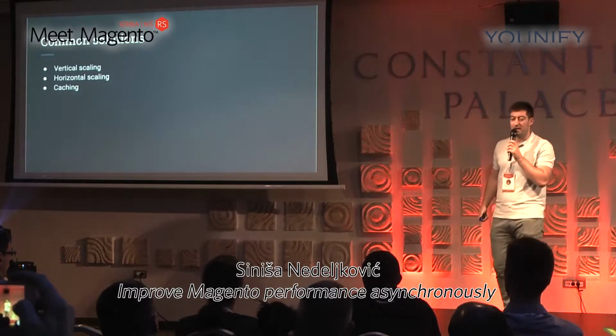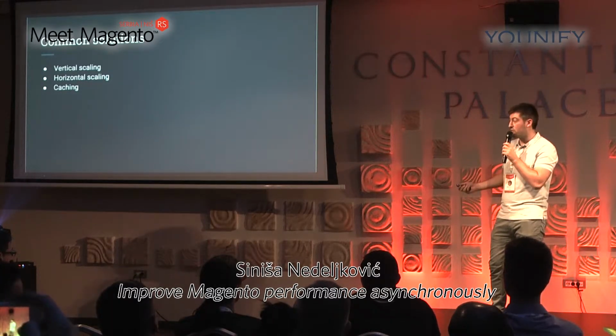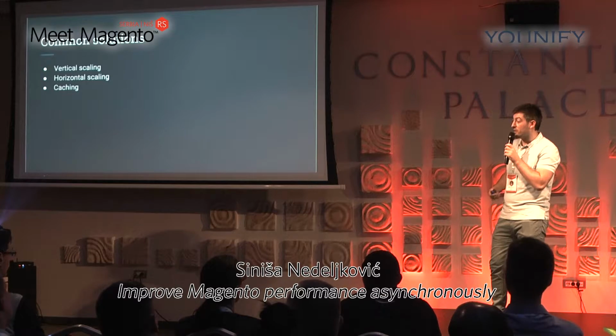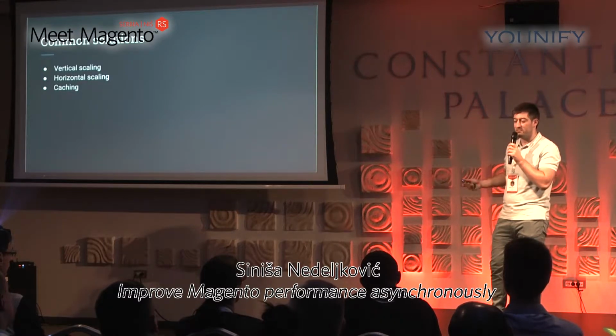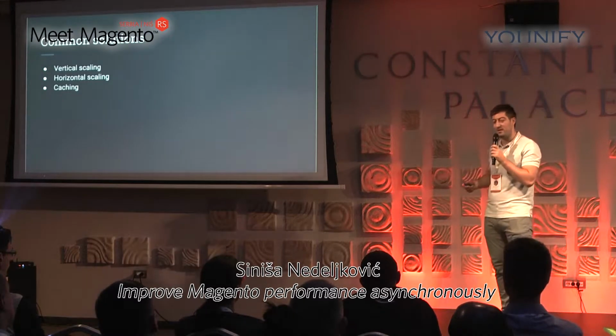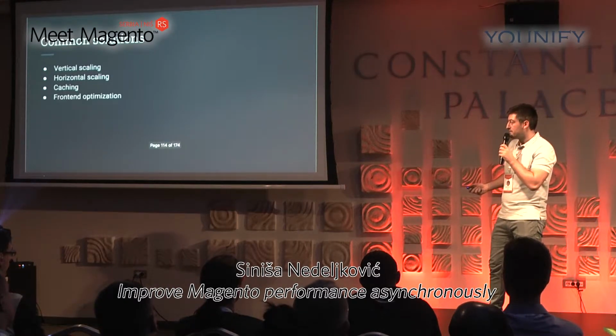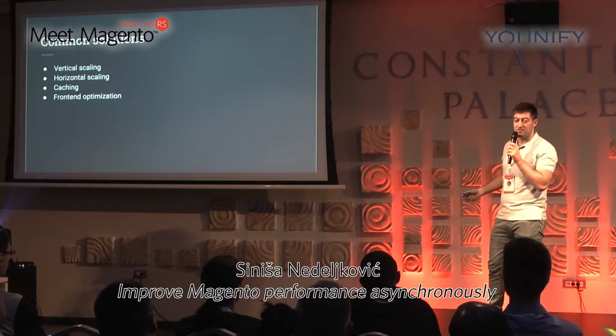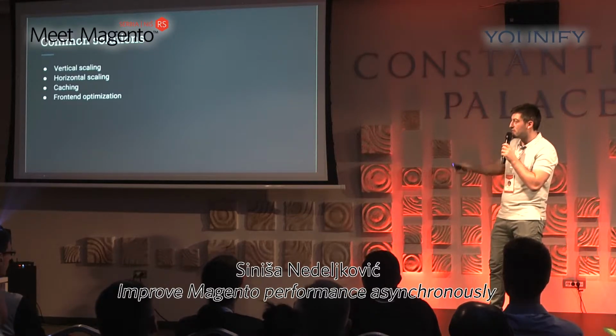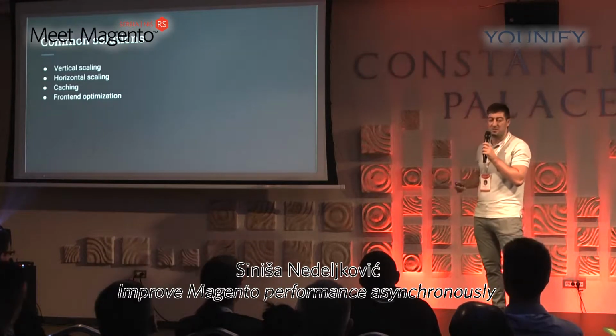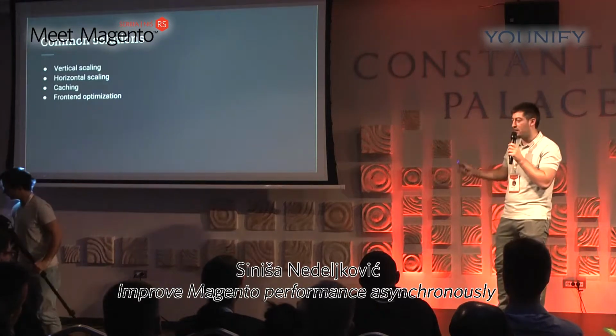You can utilize cache in your code. You can put Varnish. It's not really a cache, but it can act as a kind of cache. Then there is front-end optimization, just to mention it. Those are not the only solutions, those are just the most common. There are a lot of them.